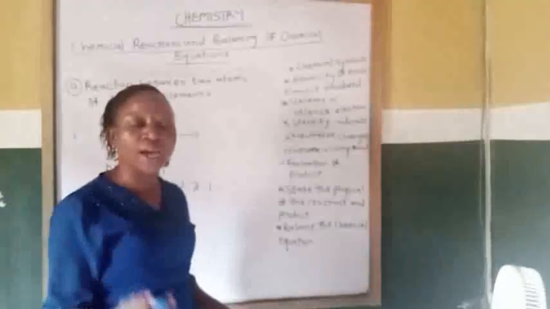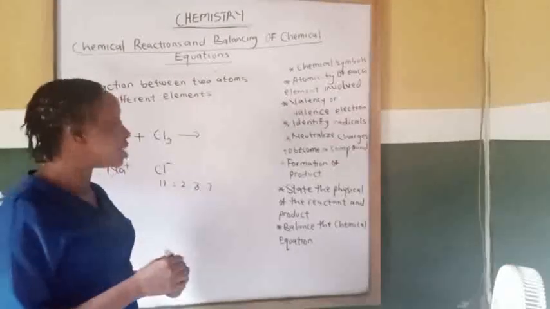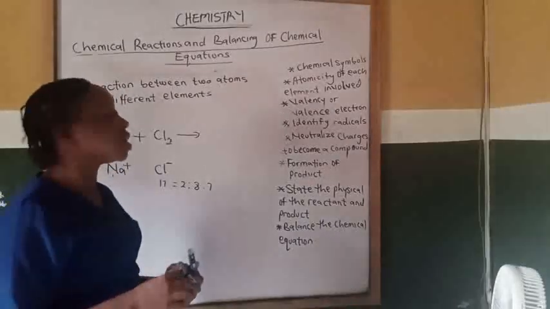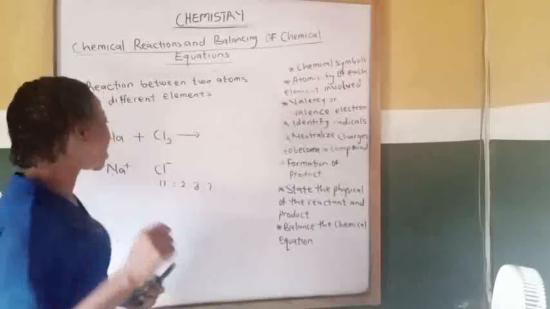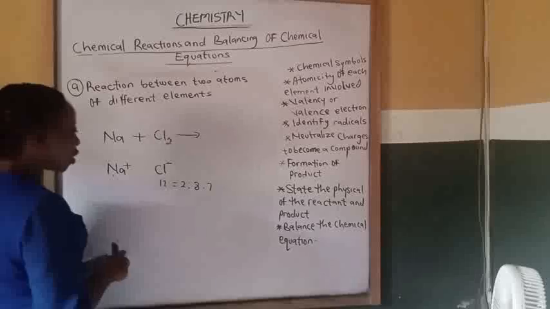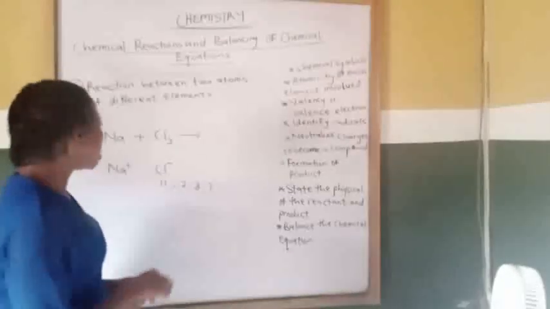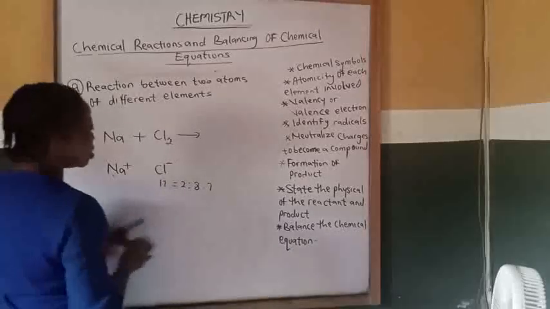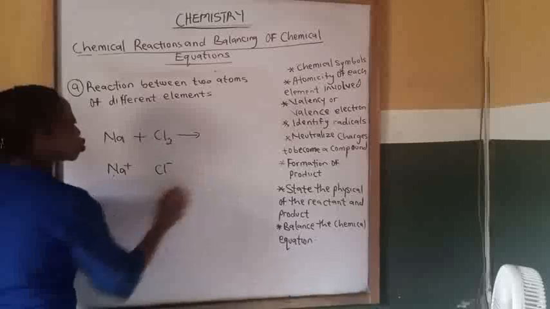Those elements with 5, 6, 7 electrons are negatively charged. You calculate the charge by the remaining electrons needed to balance their outermost shell. So the charge on chlorine is minus 1.